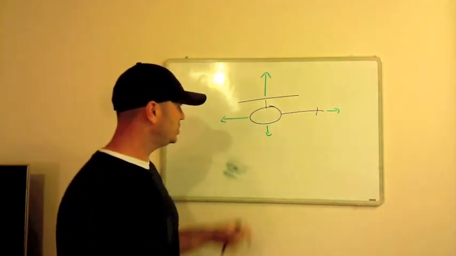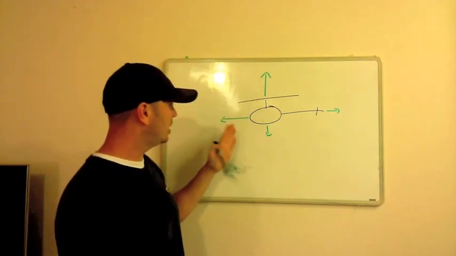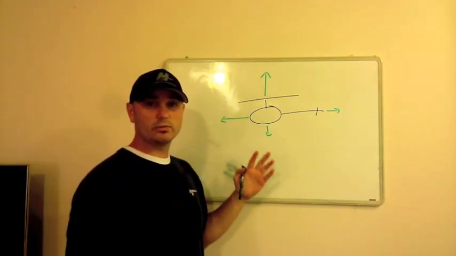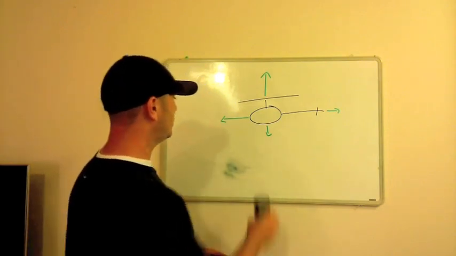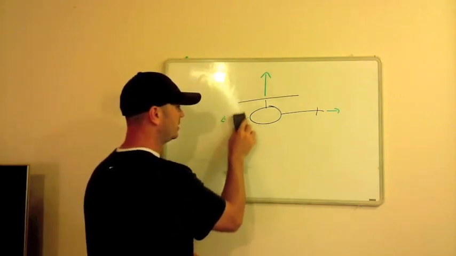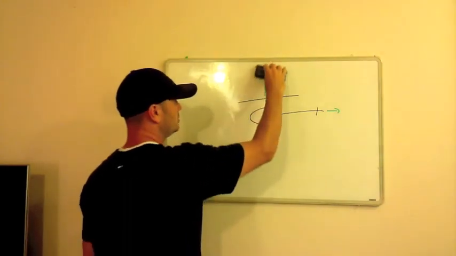Once we've been able to achieve a greater lift and a greater thrust, we can achieve flight with a helicopter. Today we're actually going to talk about achieving flight in the forward motion.